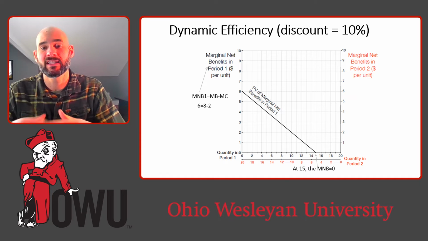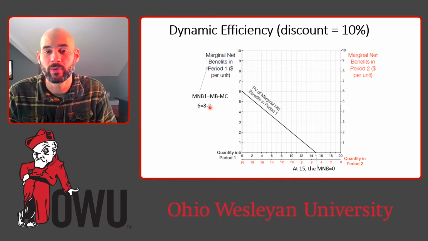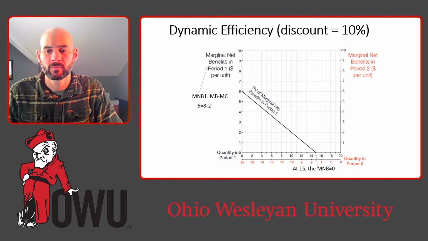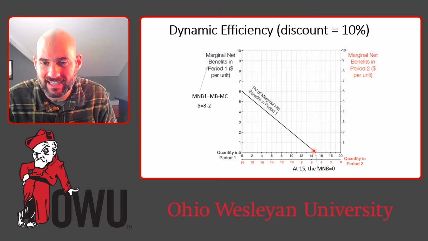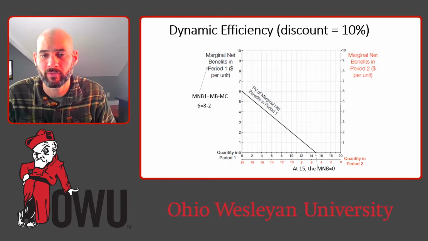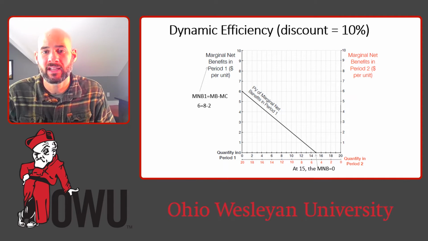Because the marginal cost is constant at 2, and because the y-intercept is 8, the y-intercept of our marginal net benefit curve is going to be 8 minus 2, which is 6. And it's going to have the same slope, that same 0.4 slope. So if we multiply the x-intercept here of 15 by 0.4, we get the y-intercept of 6.